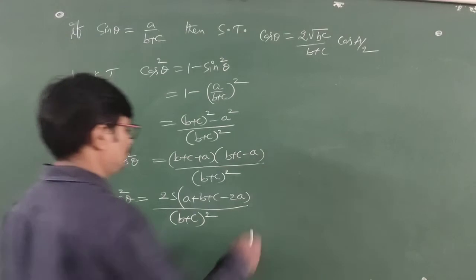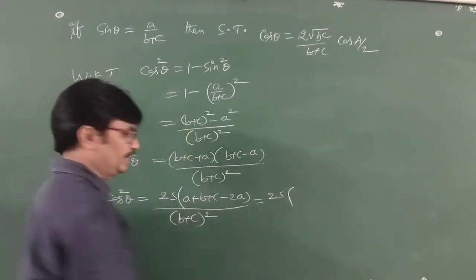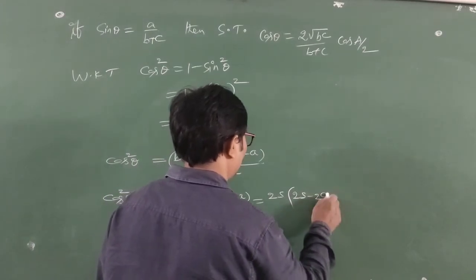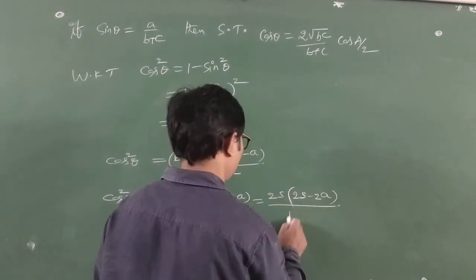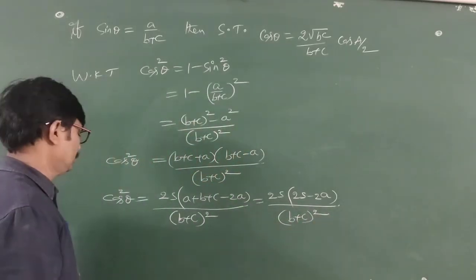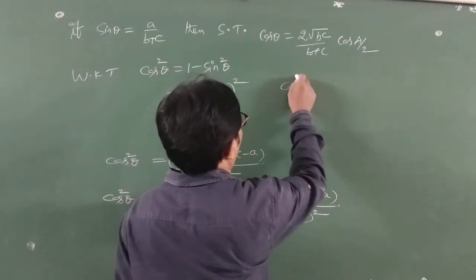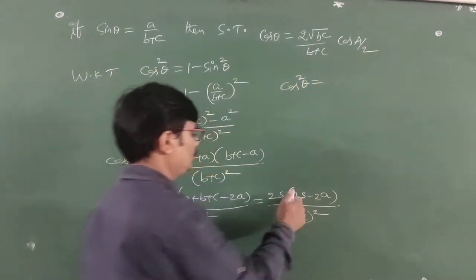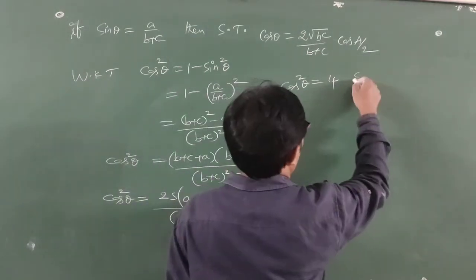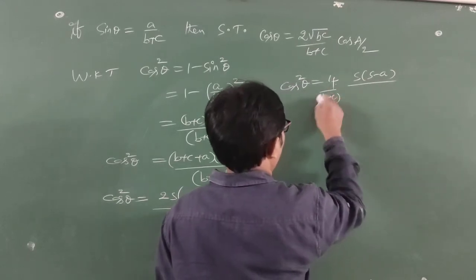This is the students, 2s into a plus b plus c is the 2s. So the 2s minus 2a upon b plus c whole square. My dear students, what is that? Cos square theta equal to 2 is the common, 2 into 2 is 4, 4 into s into s minus a by b plus c whole square.